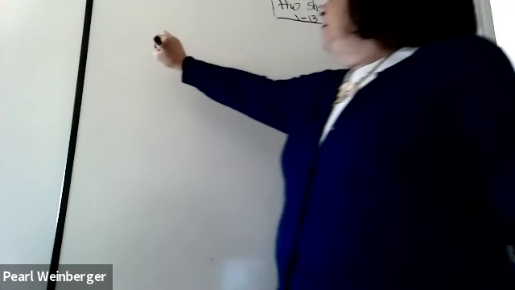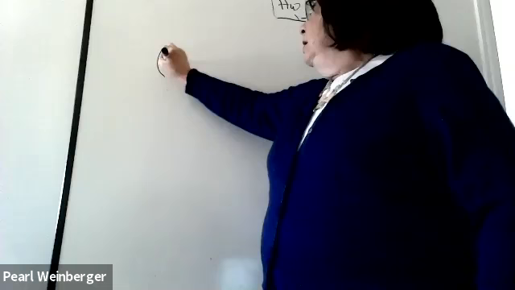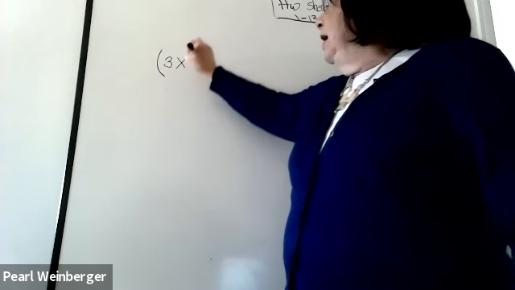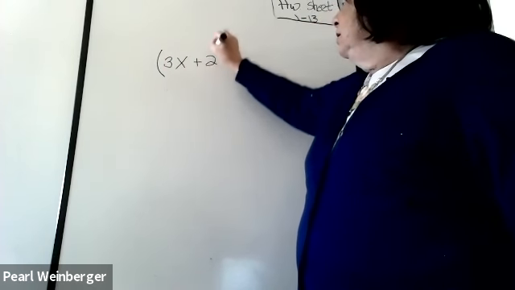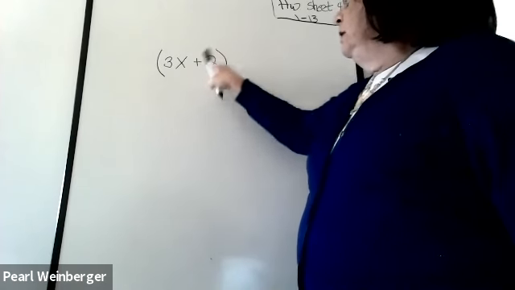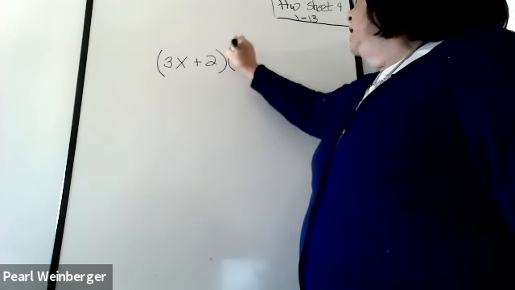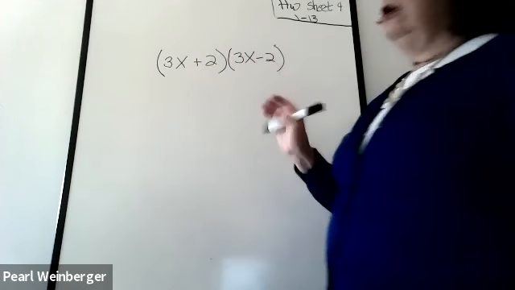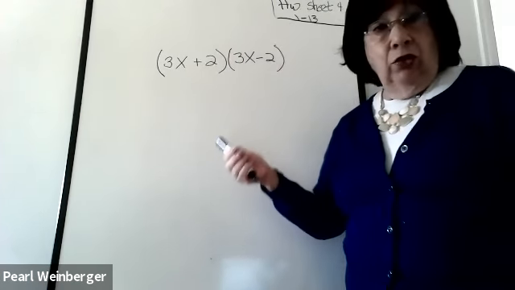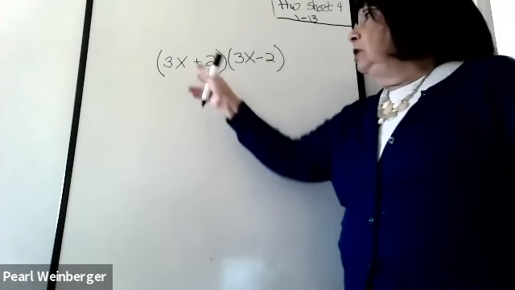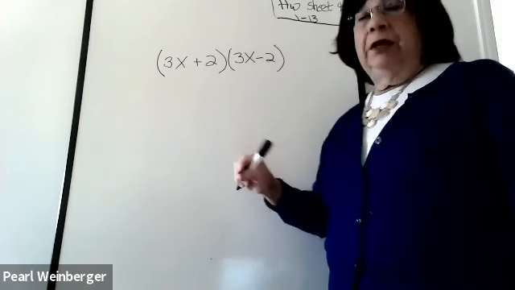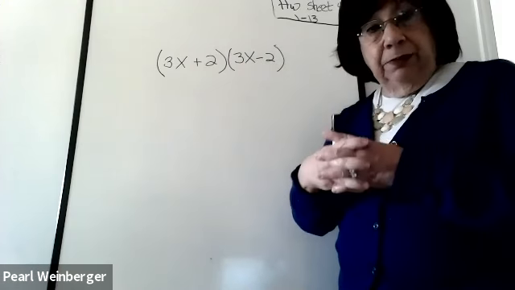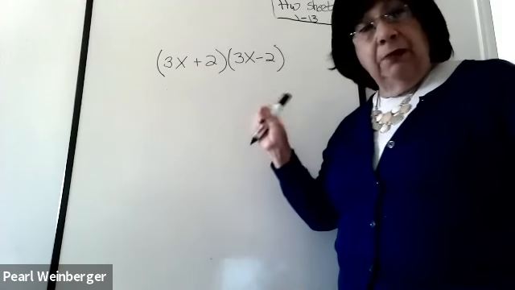First of all, when you're multiplying binomials, sometimes you get a situation like this. I have a 3x plus 2, and I'm multiplying it by 3x minus 2. You look at your two binomials, and they look almost identical. The only difference between the two binomials is that one has a plus between the two terms, and the other has a minus.